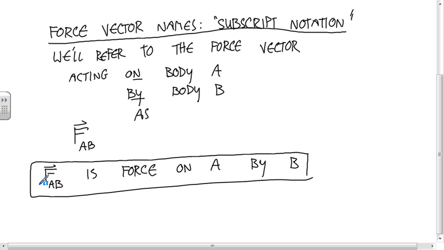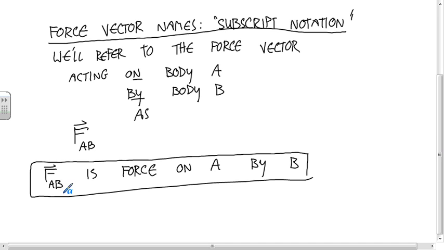Notice that it's a little bit backwards from the way that we normally talk about things. We would tend to say the force B applies to A, you know? And so that's going to make it really easy for you to get these turned around and think that FAB is talking about the force A applies to B. So get in the habit of thinking FAB is the force on A by B, okay?